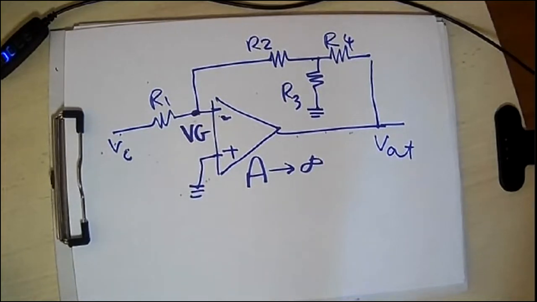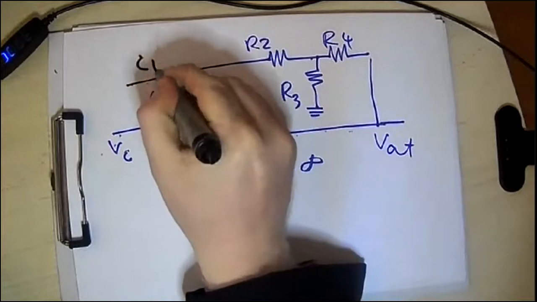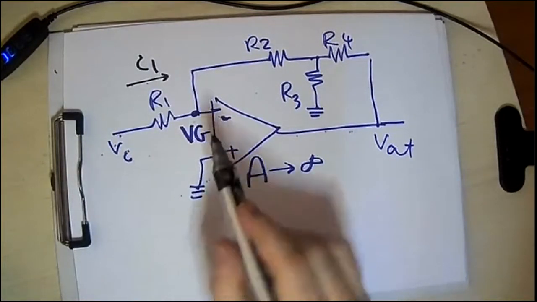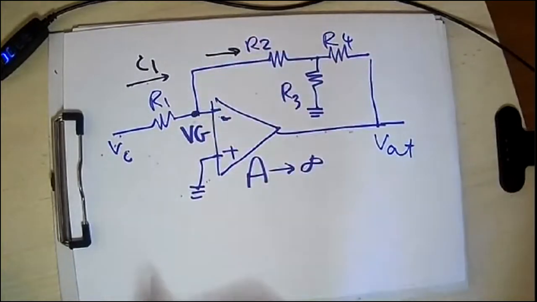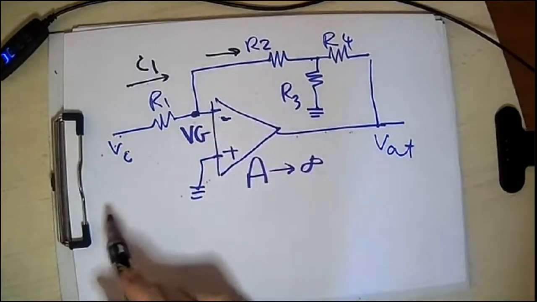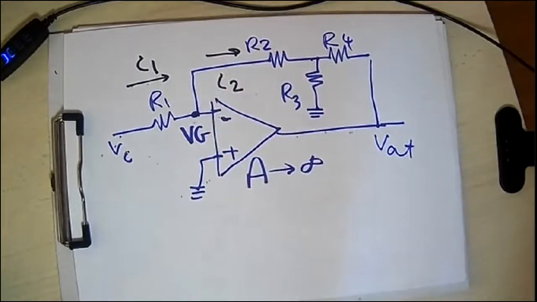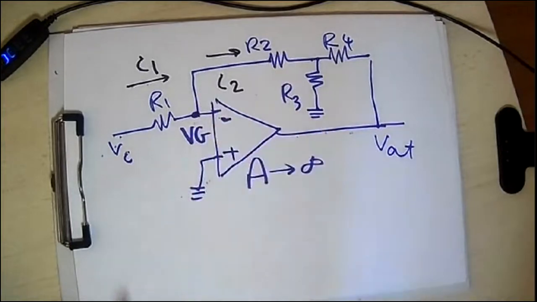Now, it's somehow a circuits problem. We have a current here. Let's call this current I1. Knowing that no current is flowing inside the operational amplifier, this current will continue here and flow in this direction. So typically, I2 is equal to I1. Makes sense, because no current is going into this branch, so all the current will go here.